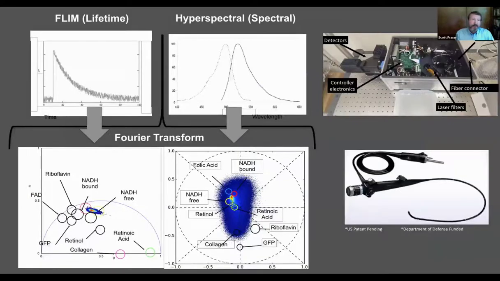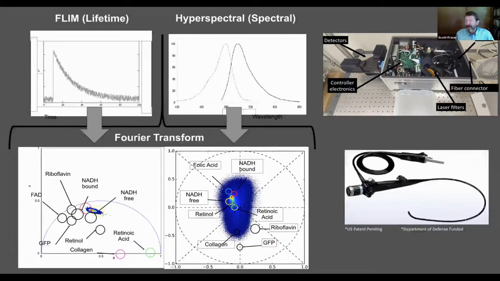So what Enrico Gratton and his colleagues have shown is the amazing power of moving away from just doing the tau curve fitting on the lifetime curve to moving it with the phasor approach into the Fourier transform of phasor space. You can see that different lifetimes now appear at different places on the phasor plot. And if we think about the hyperspectral responses of those exogenous and endogenous labels, you can see that they show up at characteristic places.